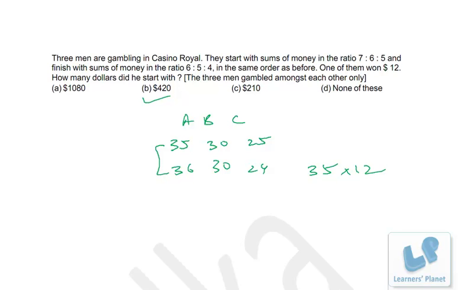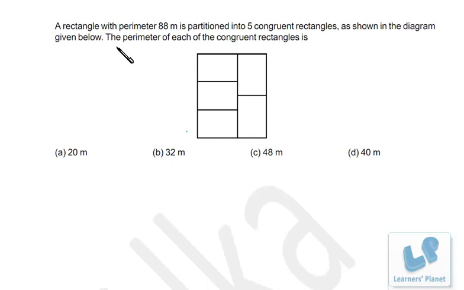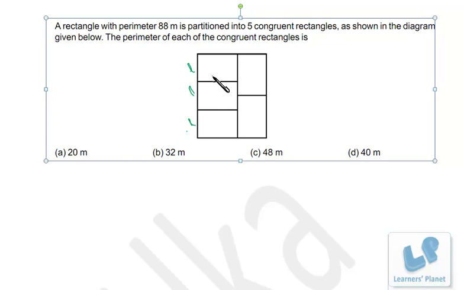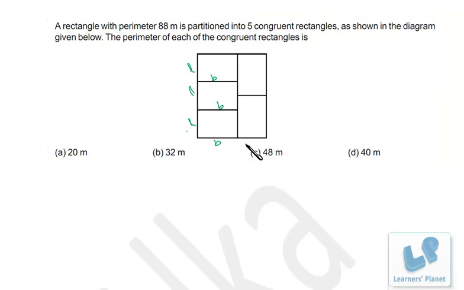Seems to be complicated, but a very simple problem. Now in this question, a rectangle with perimeter 88 meters is partitioned into 5 congruent rectangles as shown in the diagram. The perimeter of each rectangle, very simple problem. I assume the smaller length to be L and this length to be B. So precisely what is happening?